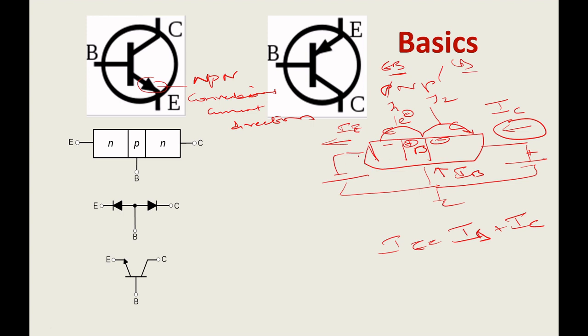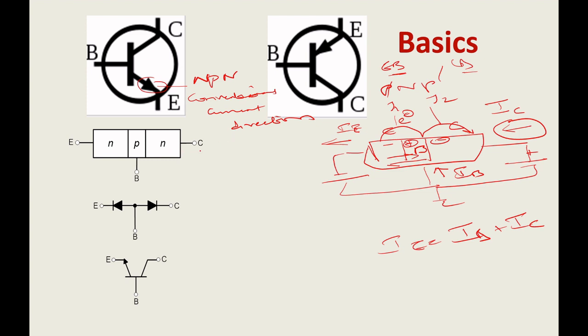See, here what is happening is the conventional current direction, everything I said. How electrons are going like this, but holes are moving away from the base. So that's why I said this is the conventional current direction. Conventional current direction is just similar to the hole direction. So that's why it is away from your base.